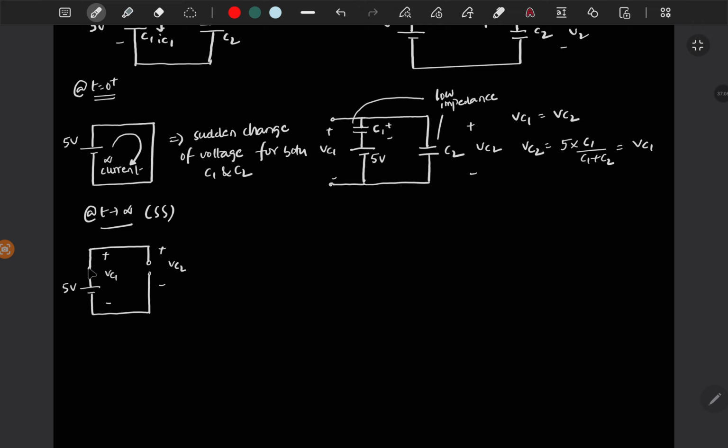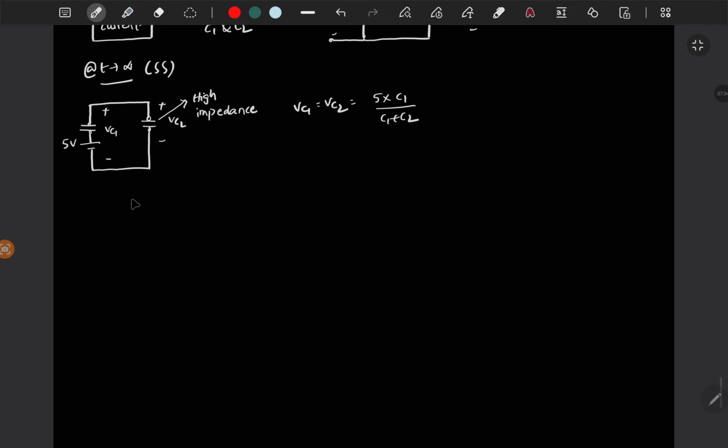Since both are open circuit, I can assume these two capacitors with high impedance at steady state. So Vc1 is equal to Vc2 is equal to 5 times C1 by C1 plus C2.